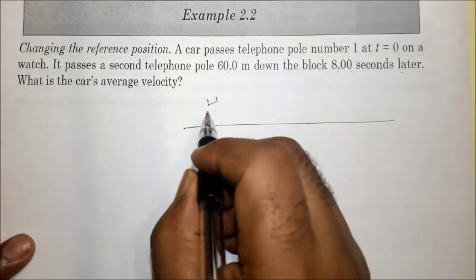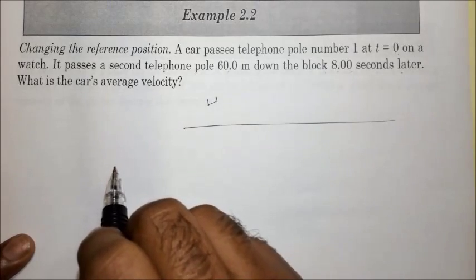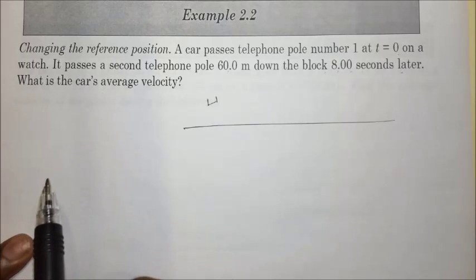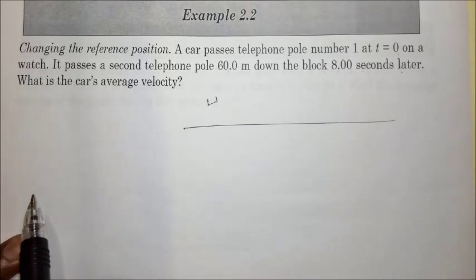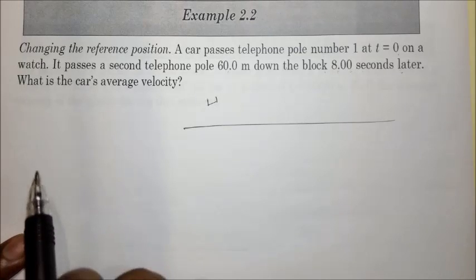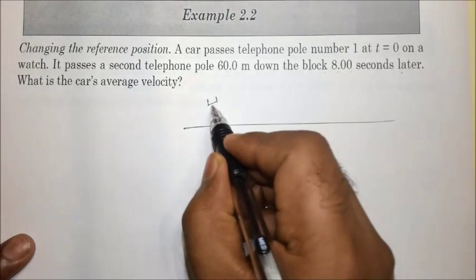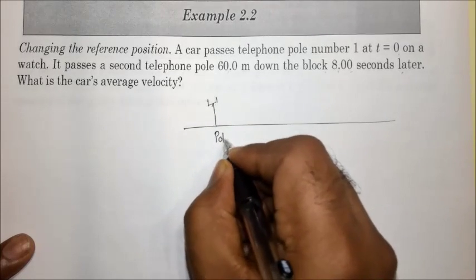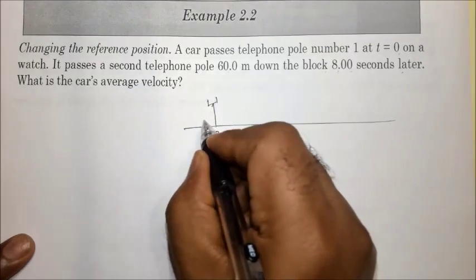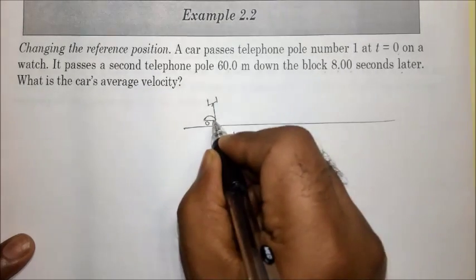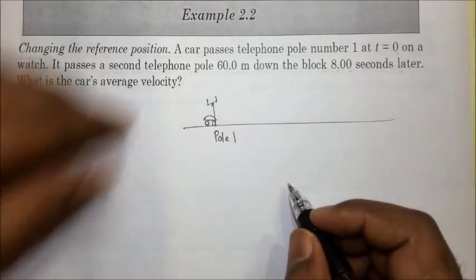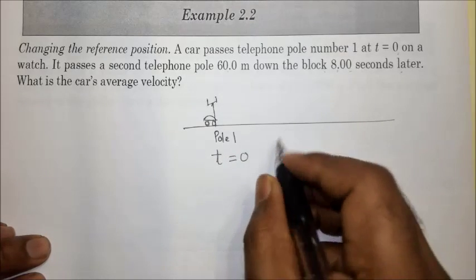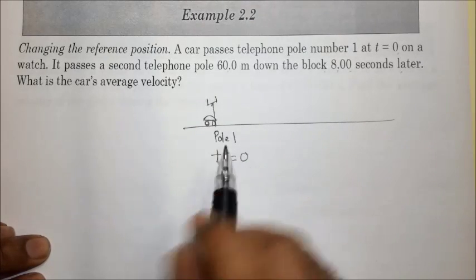If you see the previous problem, the reference was the lamp, and from there the first pole was 20 meter away. Now here it says that pole number 1, and when car is passing here, in this example, the time is 0 second. You start counting the time.